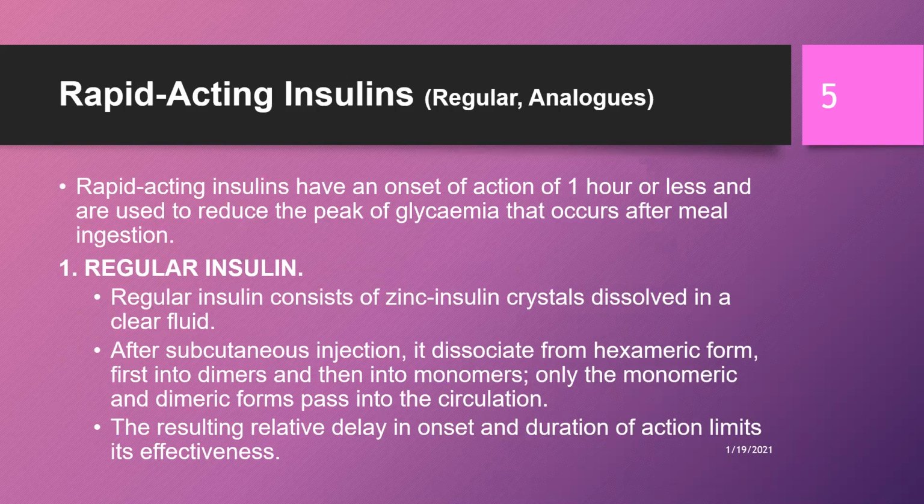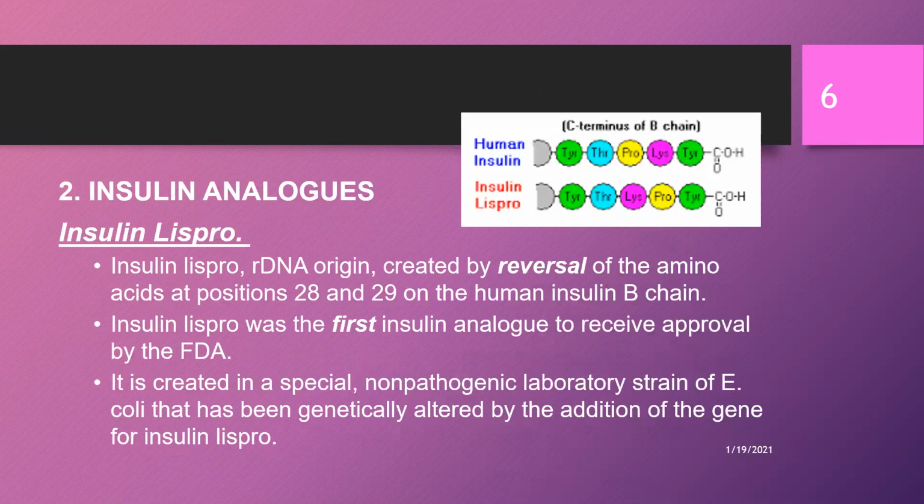Only the monomeric and the dimeric forms pass into the circulation. The resulting relative delay in onset and duration of action therefore limits its effectiveness, because first it has to be dissociated in subcutaneous tissue and then get into the circulation. So that's why we say that the onset of action is usually 2 to 4 hours in case of regular insulin. Whereas in insulin analogs, there are different types.